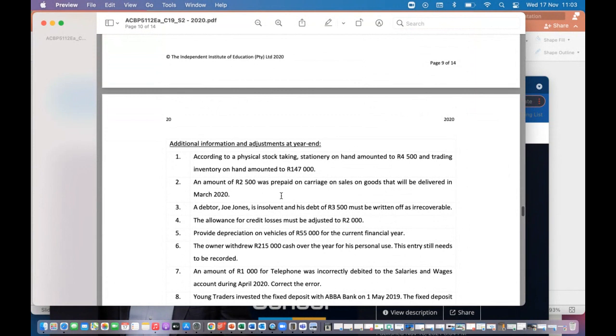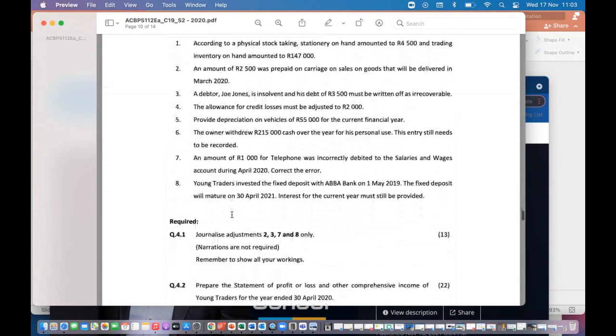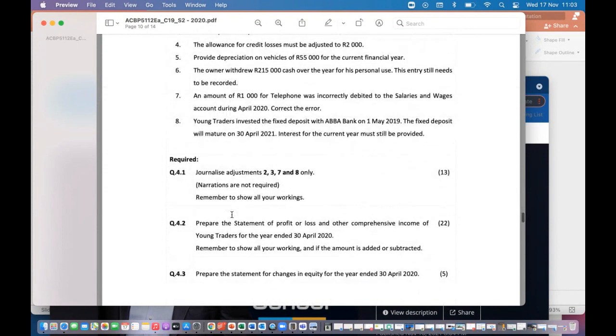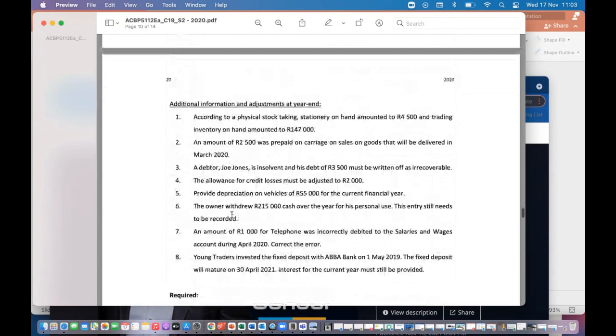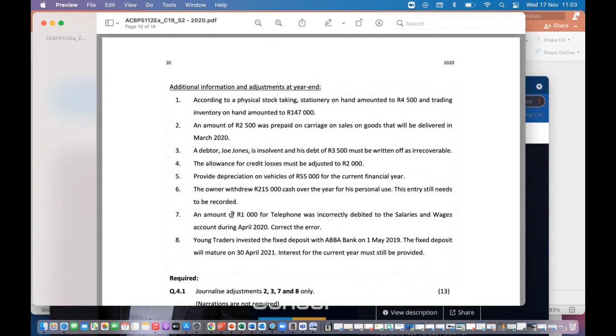An amount of 2,500 was prepaid on carriage on sales, on goods that were delivered in March. When are we doing this for?